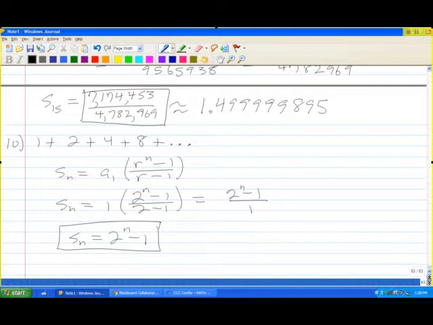So if you just add 1 plus 2 plus 4 plus 8, add up n of those, you get 2 to the n minus 1. Okay. That was 10.